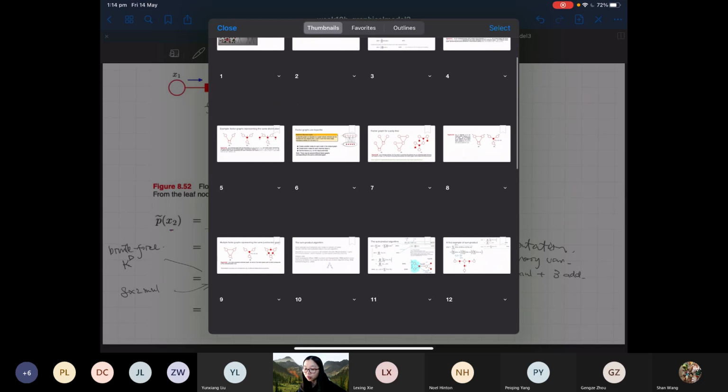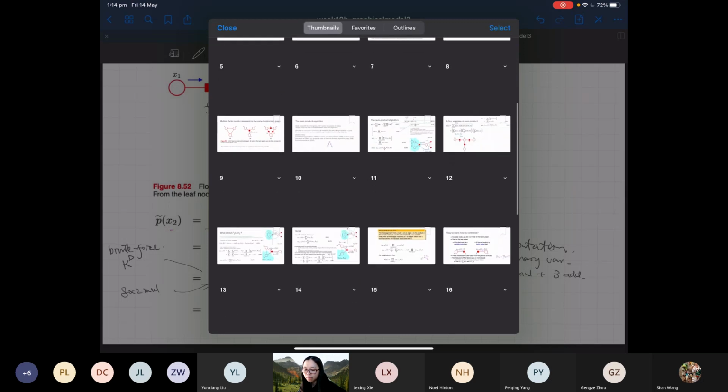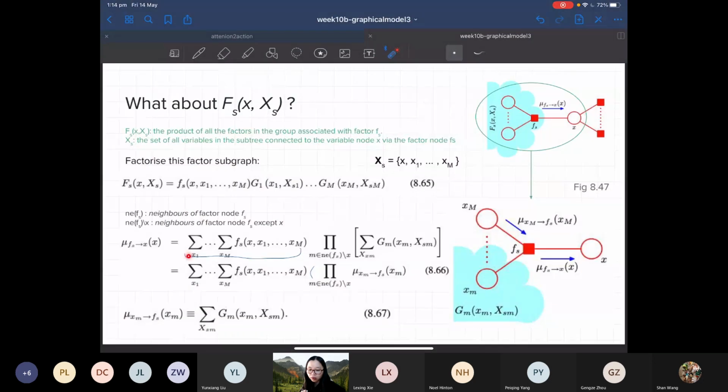So basically what we were saying before, where did we have this long sum, right? These two slides where we say, oh, everything in here is a product, and then we're doing the sum over all the n variables, right? So this is the complex part in the sum product algorithm.